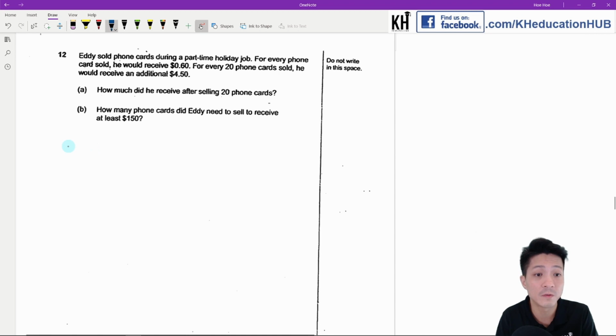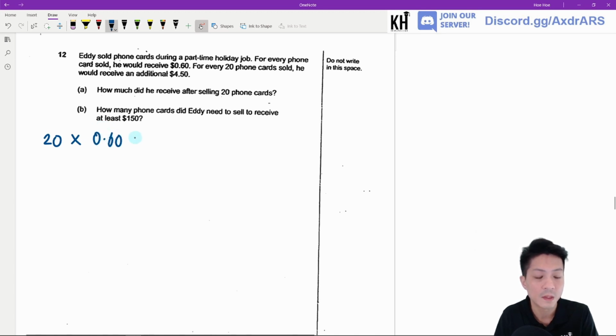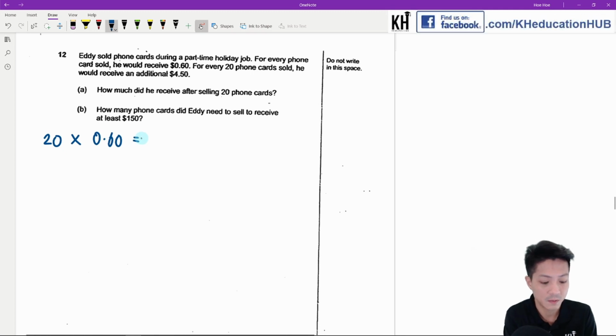Okay, so we're gonna find out for the first 20 phone cards, if he's gonna receive 60 cents, 0.6 times 20 will give me $12.